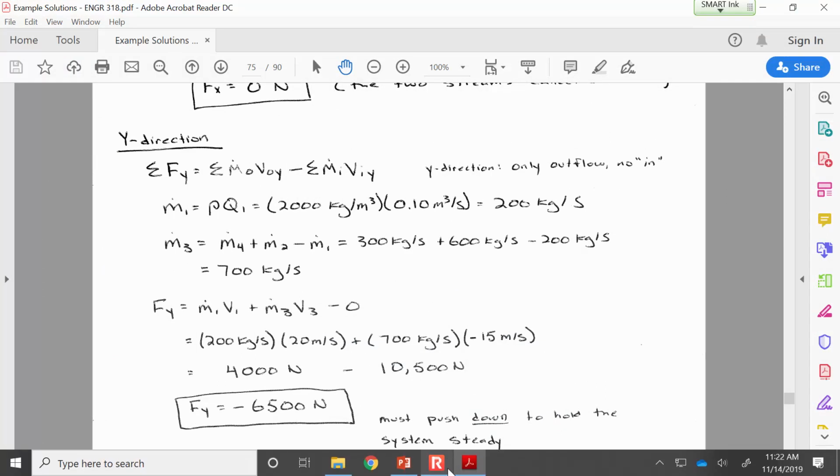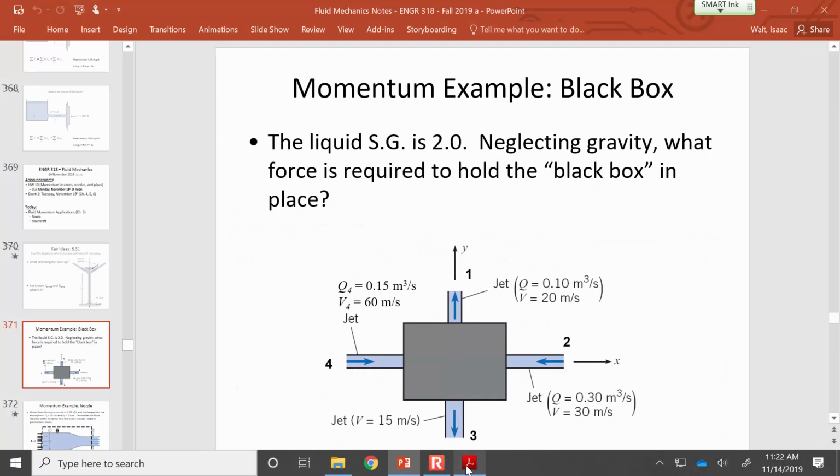All right, now the velocities are also different, but there's a lot more fluid going down than up. So just think about if you had a stream that's coming in, you got to push it down to change its direction. So on net, we're going to have to apply an external force downward in order to make that change in direction occur.